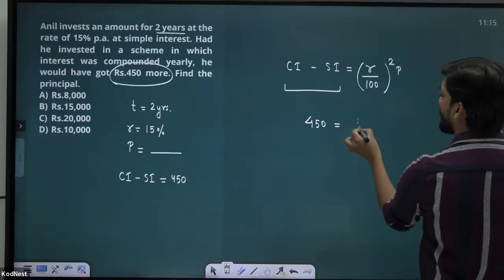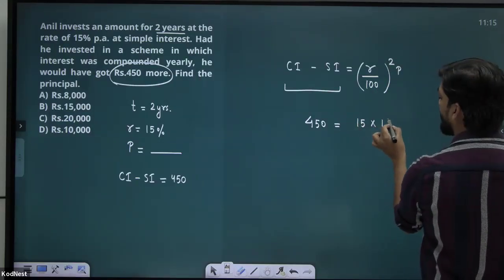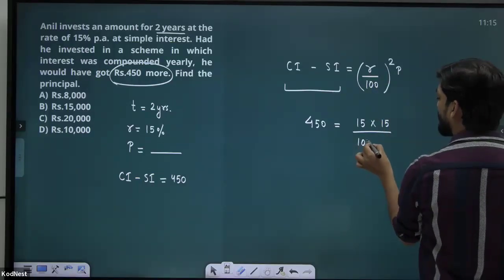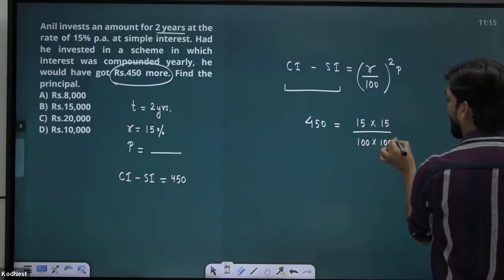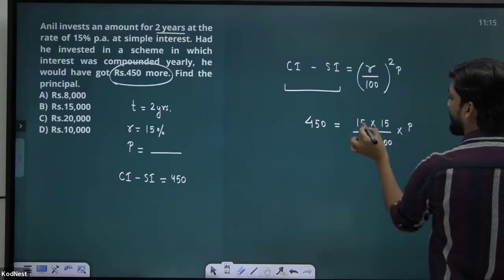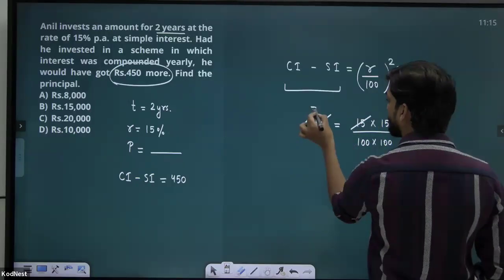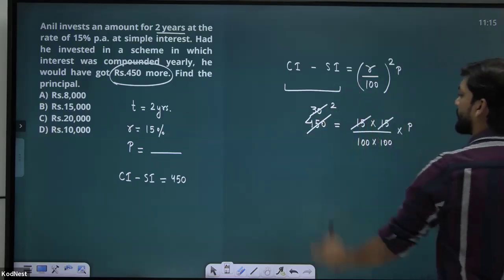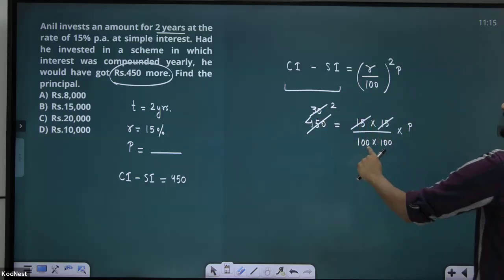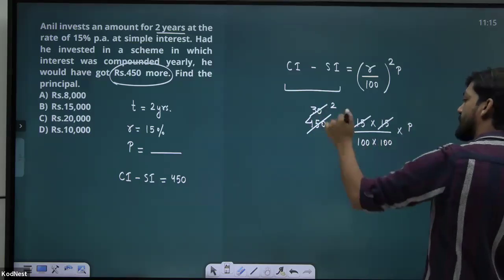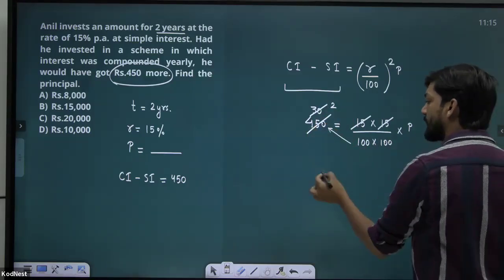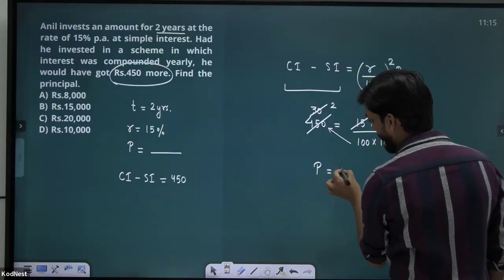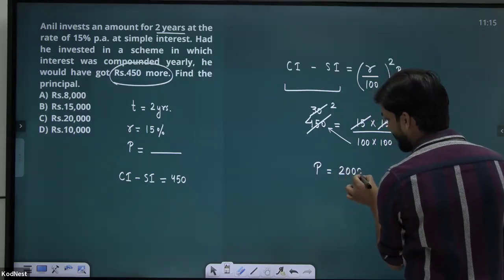Rate of interest is 15. So 15 square will be 15 into 15 and 100 square will be 100 into 100, multiplied by P. So 15 into 30 and 15 into 2. Now this 100 will go there in cross multiply. So I will get the P value as 20,000 rupees.